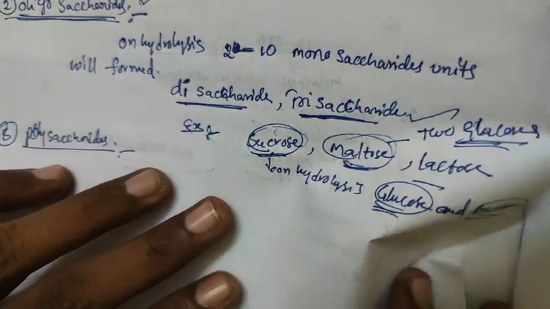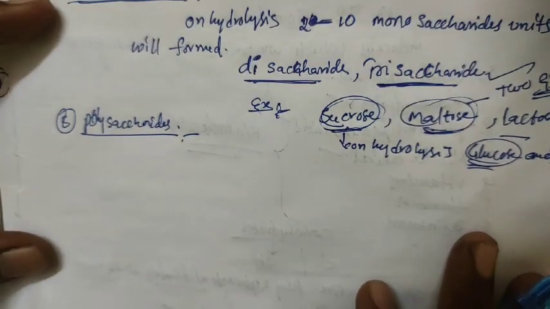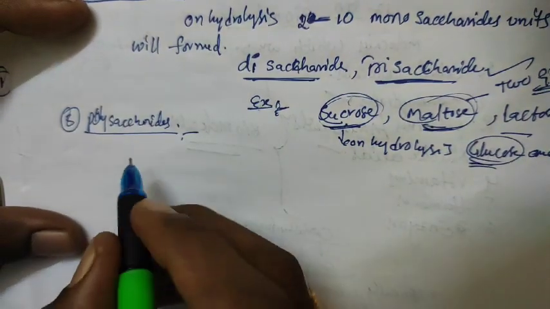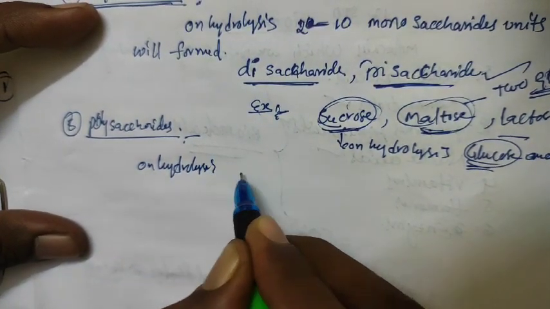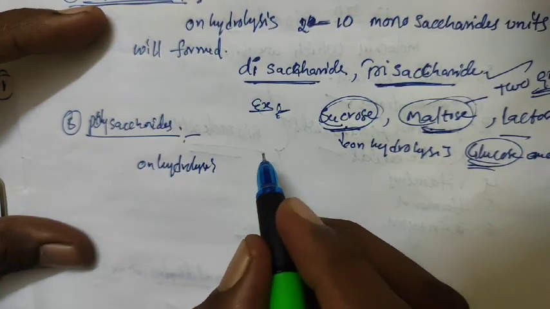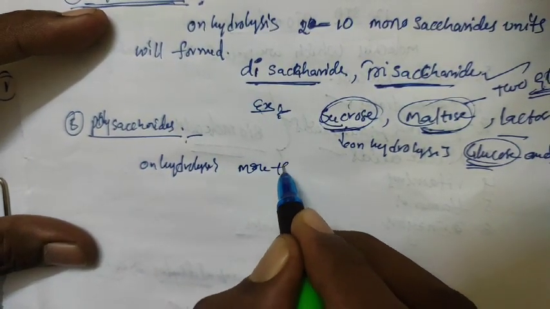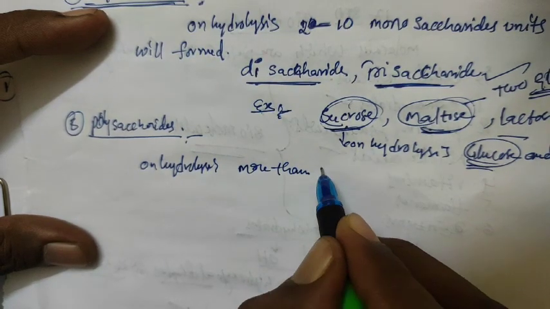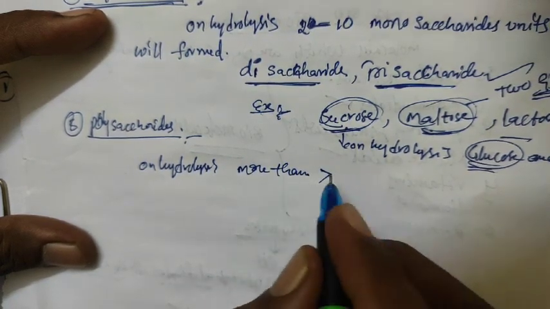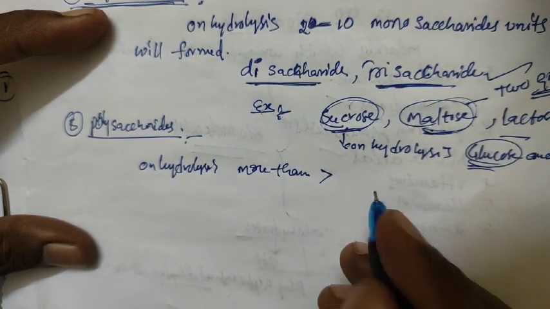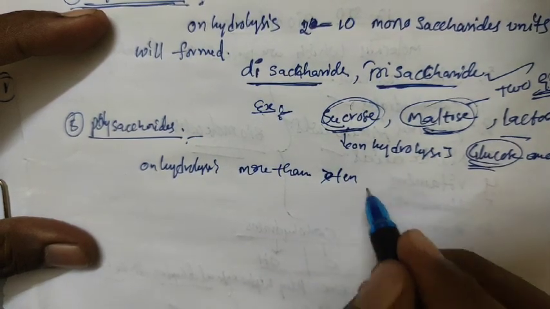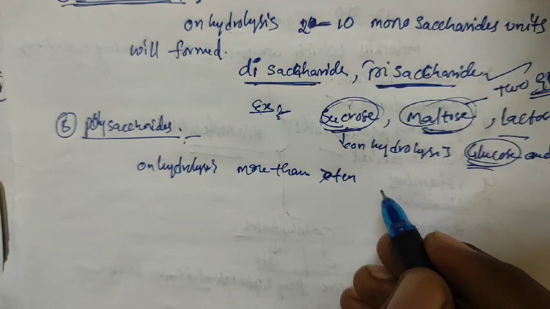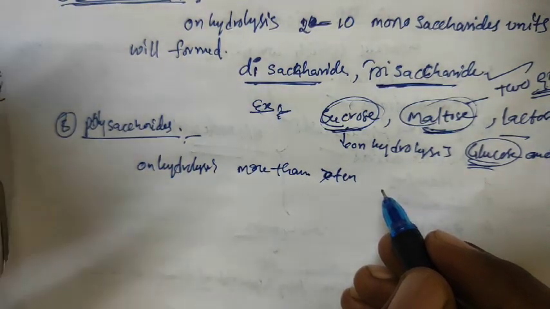This is about oligosaccharide. Now polysaccharide means on hydrolysis more than 10 monosaccharides are formed, whereas oligosaccharides give 2 to 10 monosaccharides.